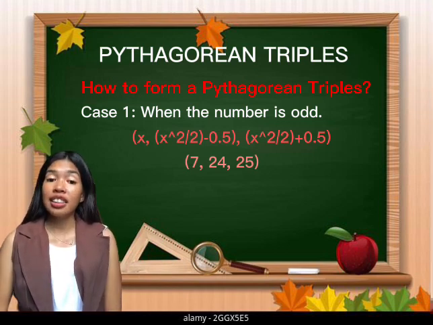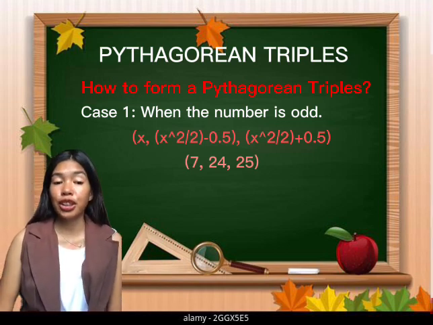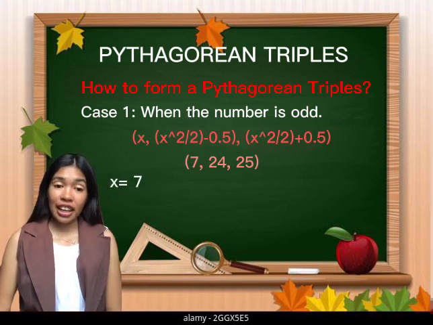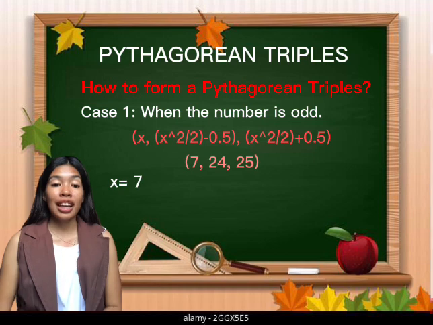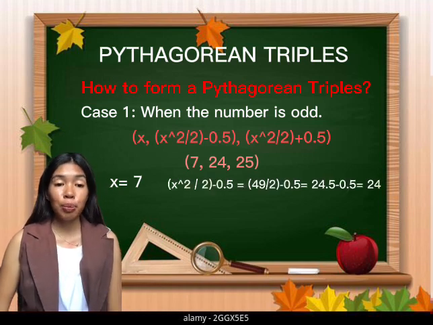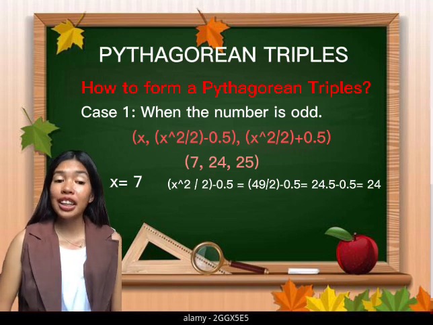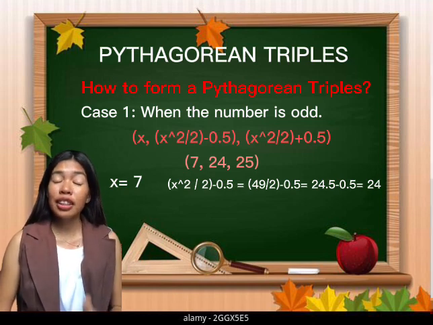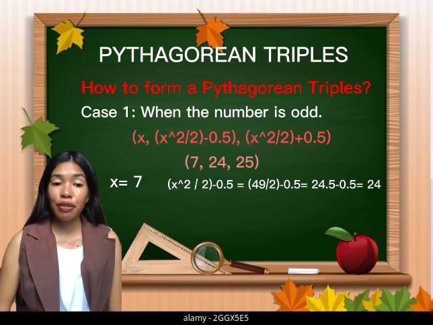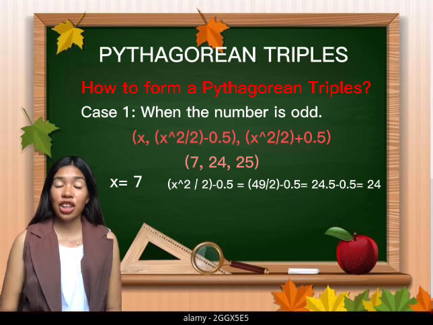Now let us discuss how to form this Pythagorean triple. x is equal to 7, which is an odd number. So the second term will be x squared divided by 2 minus 0.5, and that is 7 squared, 49, divided by 2 minus 0.5, and that is 24.5 minus 0.5, and the answer is 24.